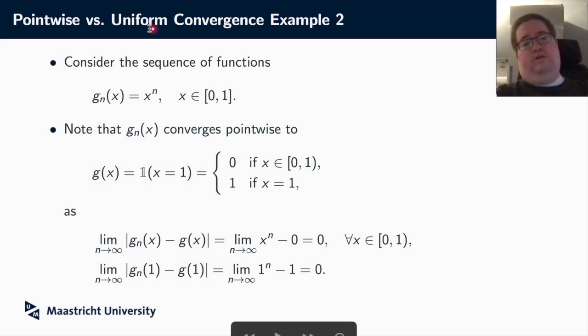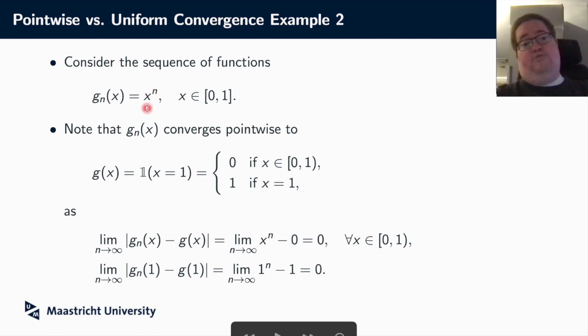Now let's take a look at another function, x to the power n. And again, x between 0 and 1. First note that pointwise convergence is a bit strange because it depends on whether x is equal to 1 or not. If you take an x smaller than 1, then we know that if we take it to a very high power, the power is increasing to infinity, this will go to 0.